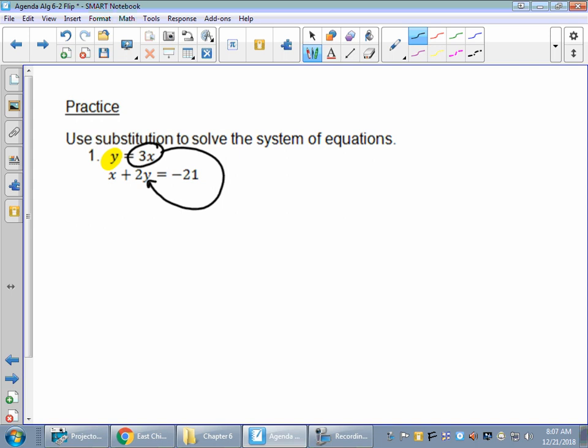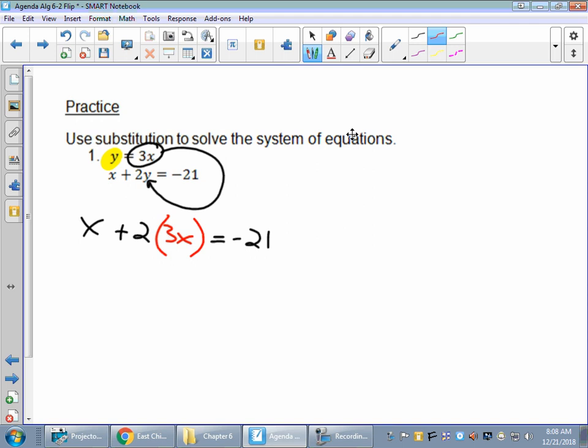So we're going to take that x, where it was x plus 2 times y equals negative 21. Now we're basically getting rid of that y and saying, no, it's not y anymore. y is equal to the 3x. So x plus 2 times 3x. And now we're going to solve for the variable. We're going to solve for x.